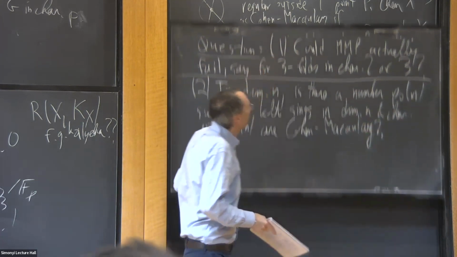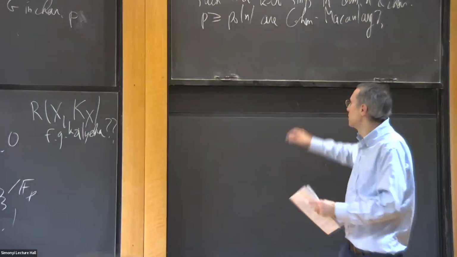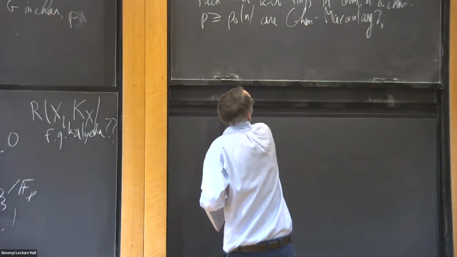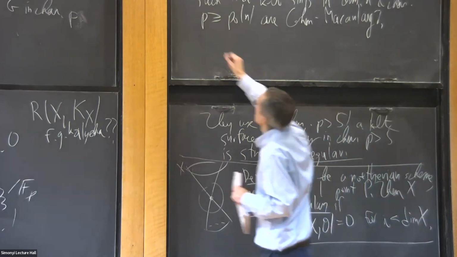Perhaps the minimal model program works roughly as we expect in any given dimension, at least for sufficiently large p. And that's not known, except in dimension 3, something like that.